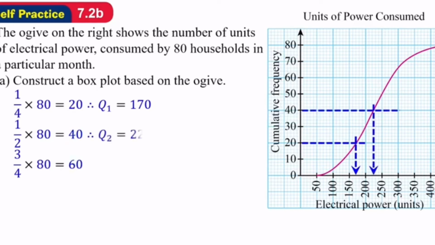So the median is equal to 225, right? There is a meter of 200 and 250, so it's 225 for the median.